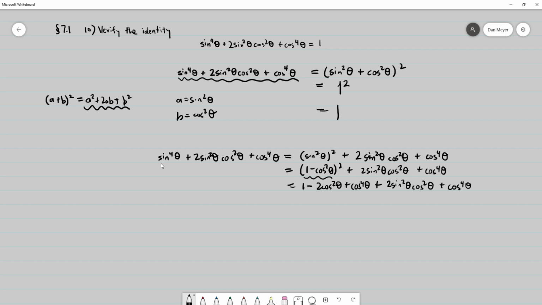All right, and so using some ideas that we used before, I've got a couple of terms that involve cosine squareds that I might be able to combine, and some cosine to the 4th terms that I can combine.